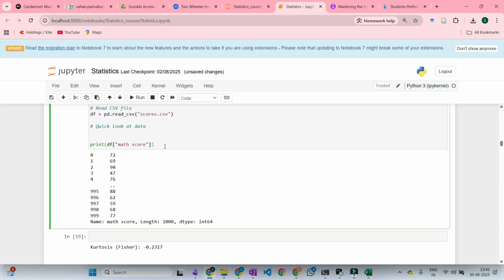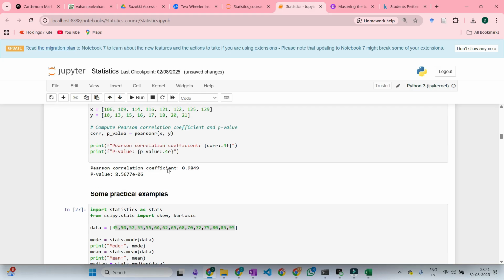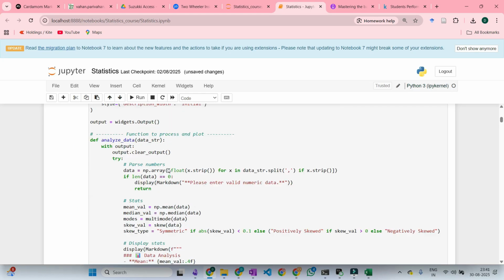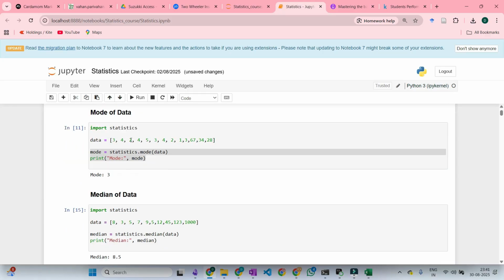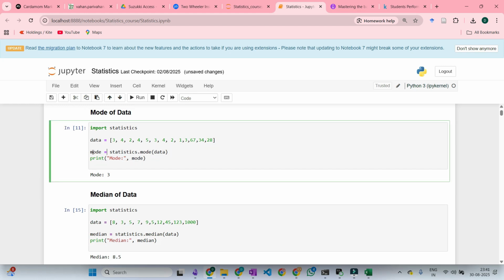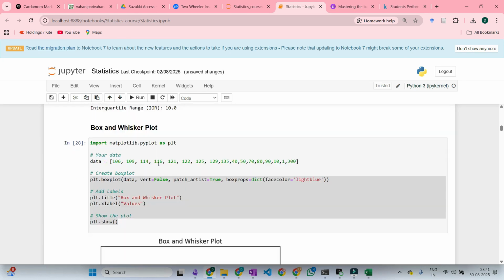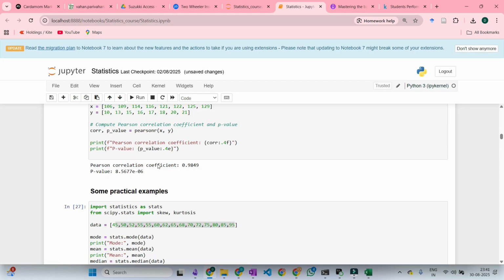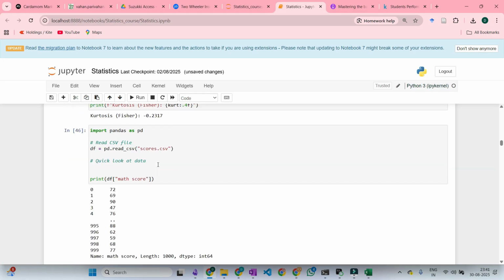Now I need to find out what the mean, median and mode are. So let us look back at our formulas or the Python code for mode of data, median of data, mean of data, etc. You have ready-made formulas for that, or ready-made Python code. Here, let us just paste it here.